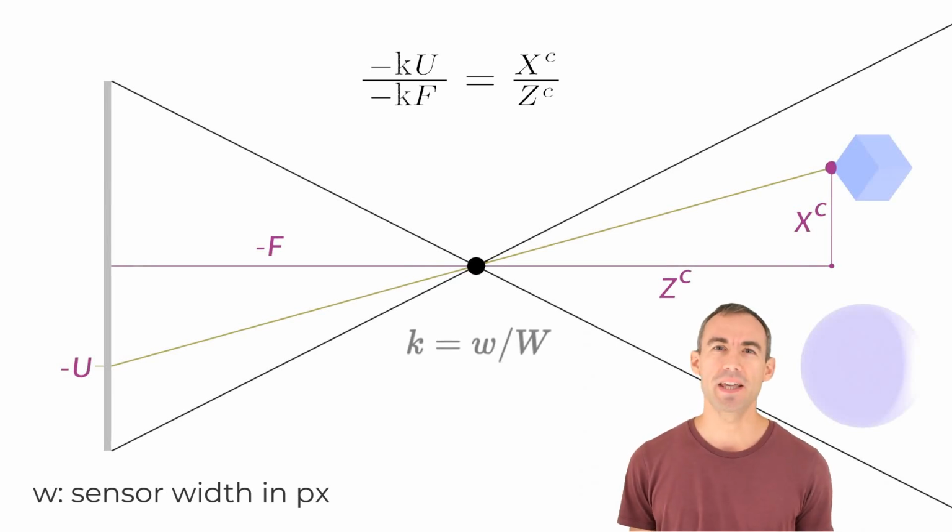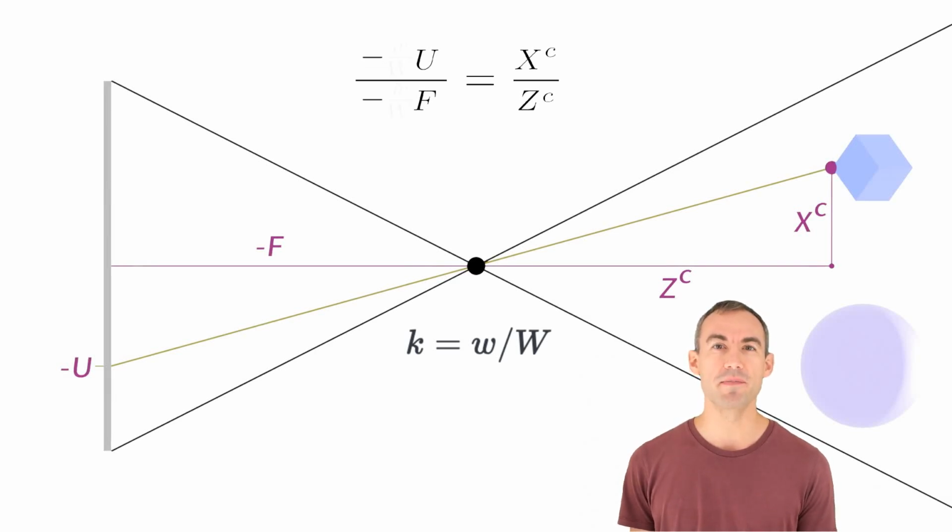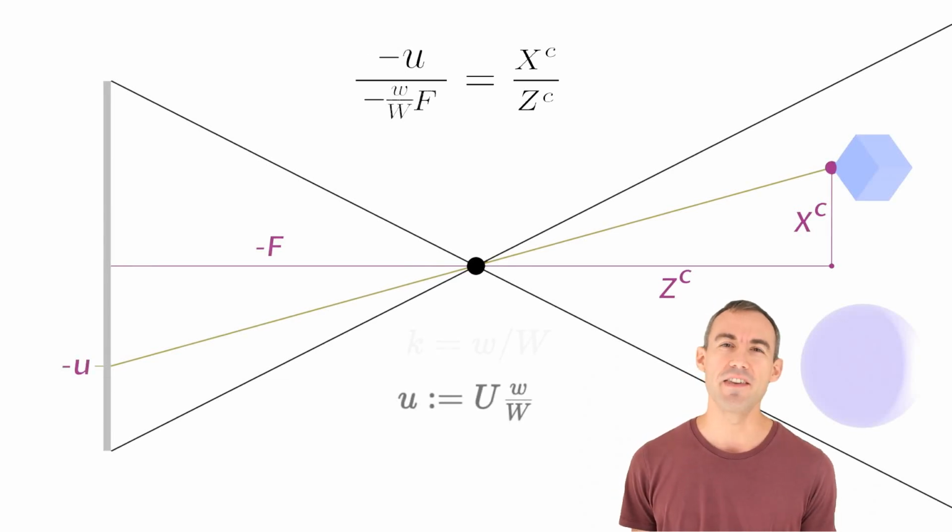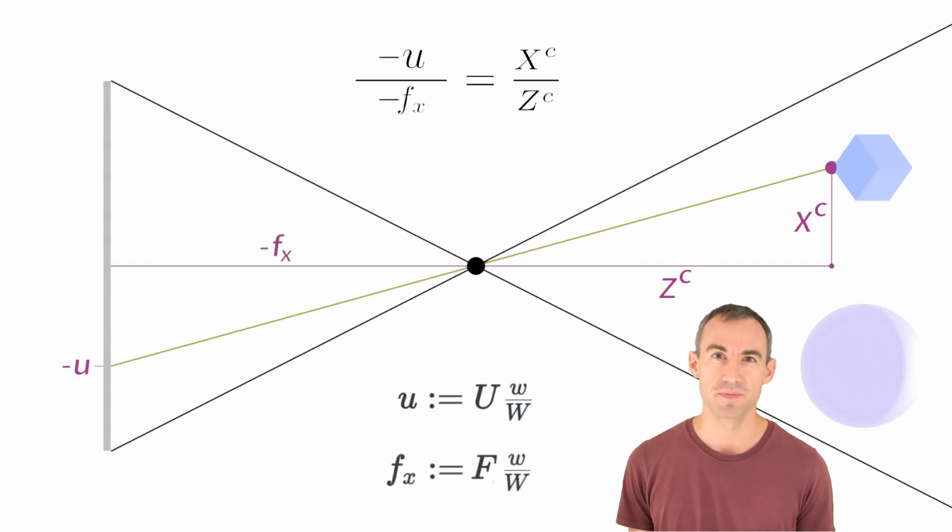And then we can set k to small w over capital W. So the sensor width in pixels divided by the sensor width in millimeters. This factor k tells us the number of pixels per millimeter. And then the formula becomes this. The value at the top left is now the image coordinate of our point in pixels. And the value at the bottom is the focal length expressed in pixels.